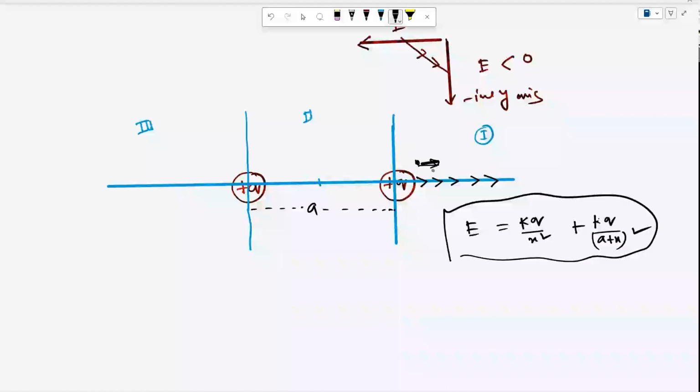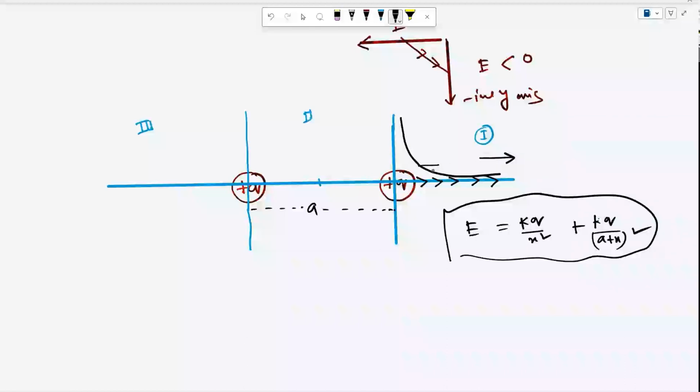So the graph nature will not change. It obeys the law of inverse square. So the graph nature will not change, and in this region you have seen that electric field is directed towards right. So the graph is going to be like this only, which you have seen before.